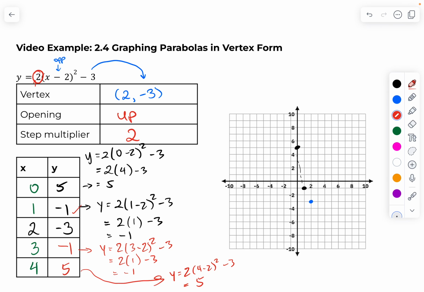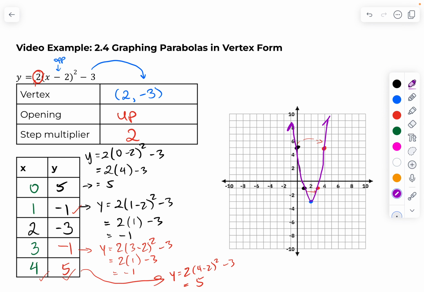So I have two other points, 3, negative 1, and then 4, 5. So you see how those match? That's always going to happen if my table of values was done properly. Okay? So there's my graph.